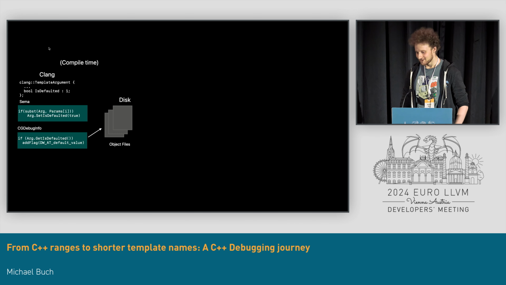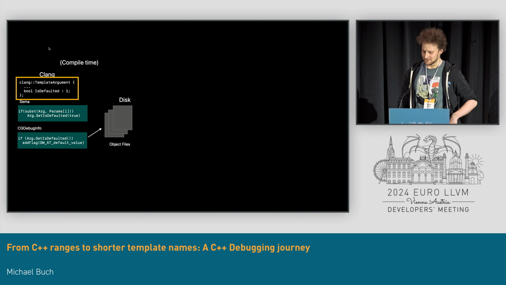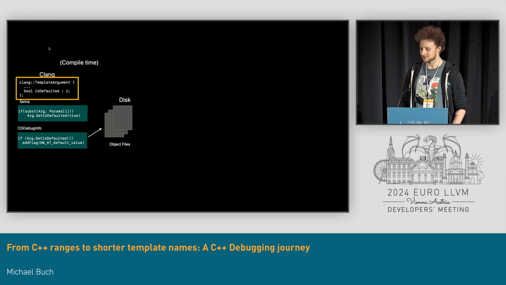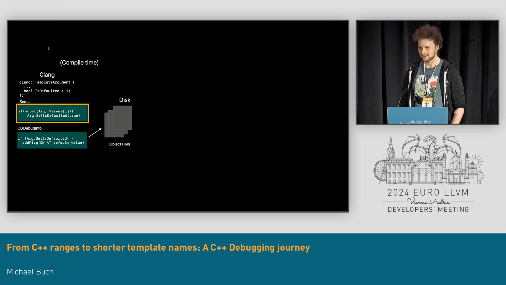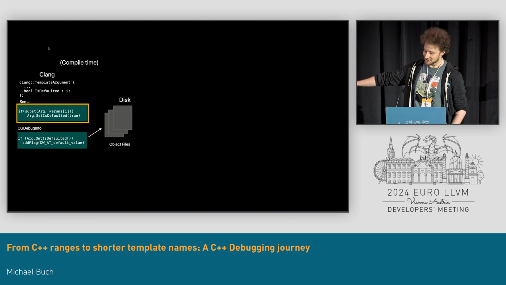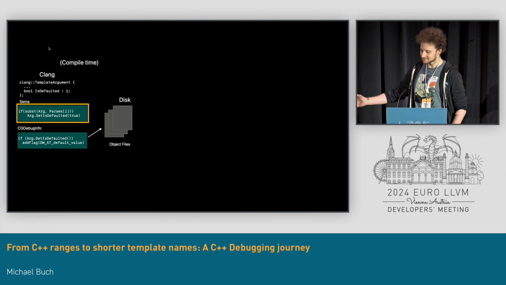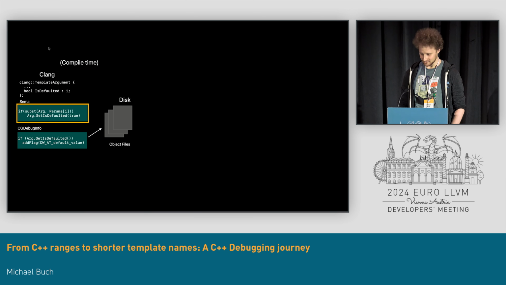So these are the Clang changes that we had to make. Here we steal a bit from the template argument type that encodes the information that a template argument is defaulted. When we parse the template specialization, we use that substitutability check that was originally a type printer. We do it in the parsing stage instead and set that bit on the template argument.